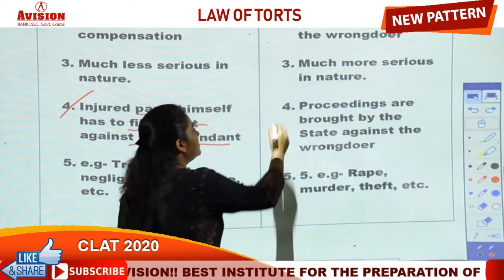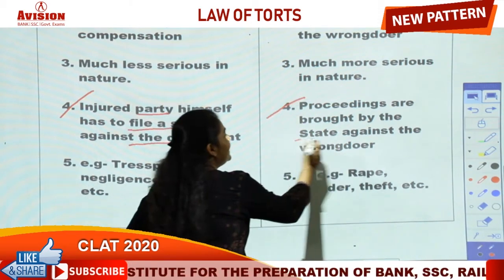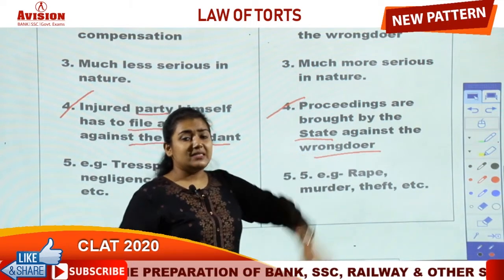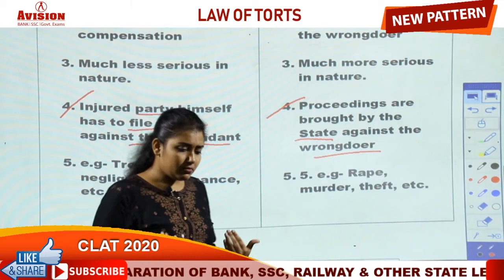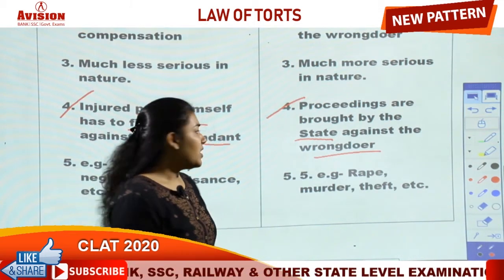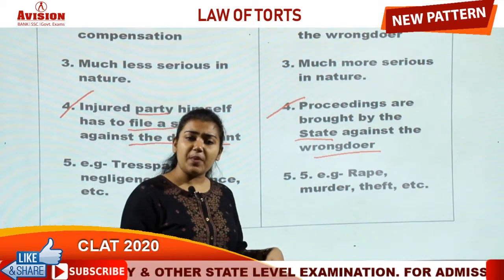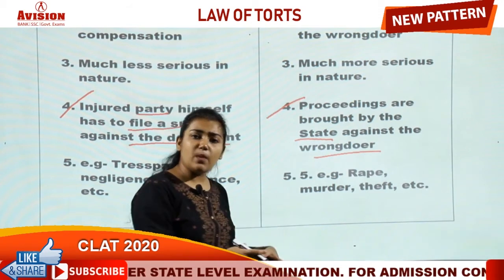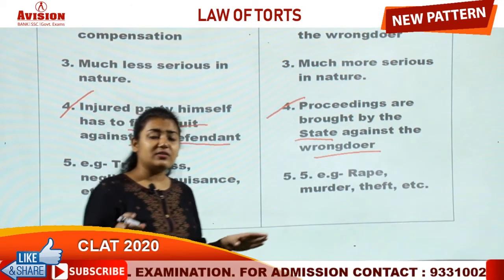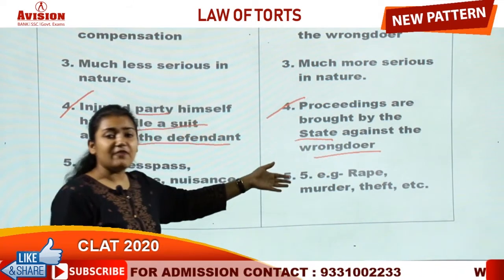Next, in case of a criminal wrong, proceedings are brought by the state against the wrongdoer. Just suppose a girl was raped, and she is the injured party. The wrong has been committed against her, but she does not have to do anything.